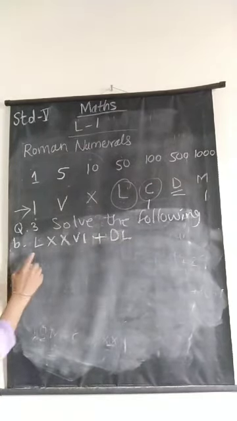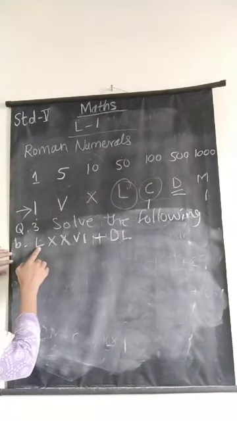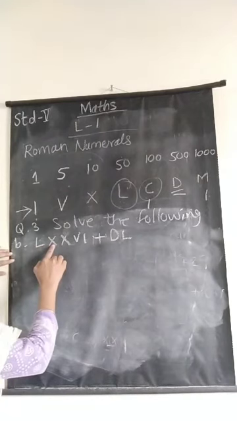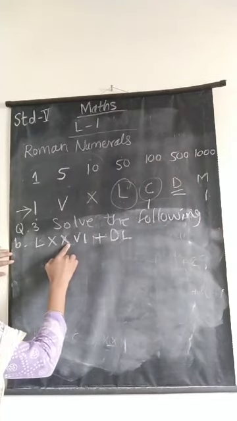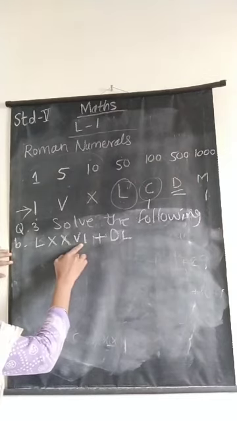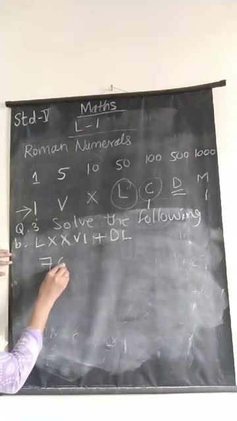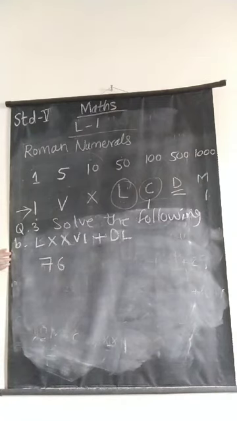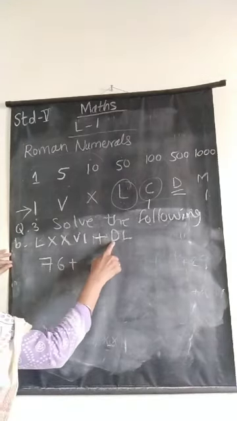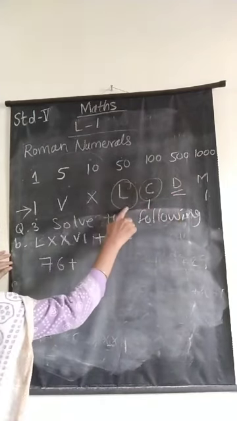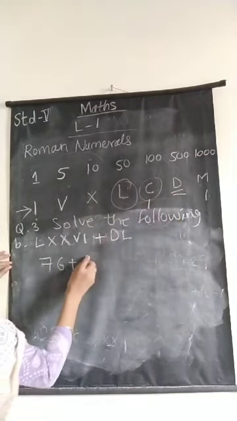Now here L stands for 50, X stands for 10. 50 plus 10, 60, 60 plus 10, 70, 70 plus 6. It is 76. Yes, students, it is 76 or not? Yes, it is 76. Plus D stands for 500, L stands for 50.